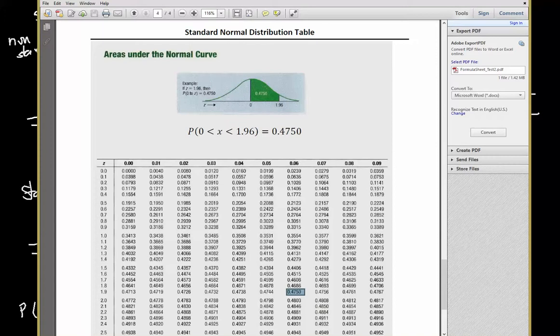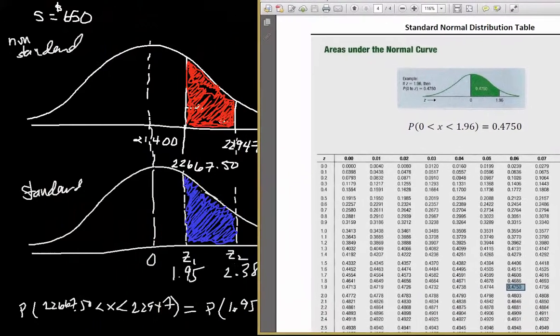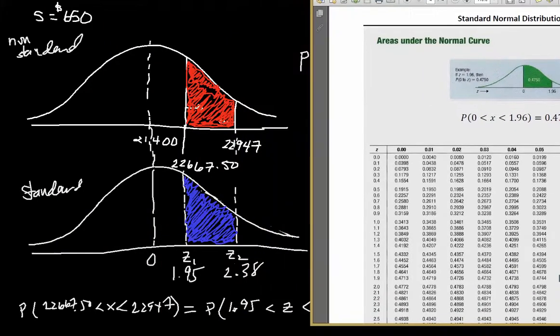We're looking for greater than 1.95 and less than 2.38.